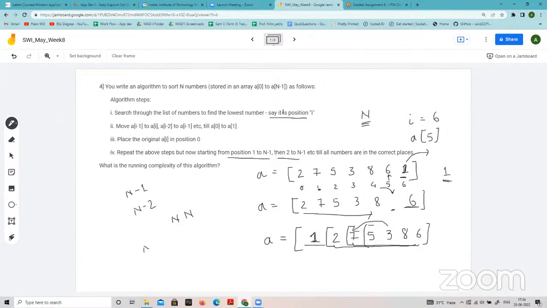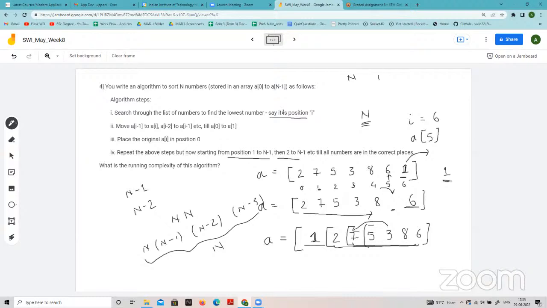First I'll do it for n, then for n-1, then n-2, then n-3, and this is how I'll keep on doing it. How many terms will these be? This will be n terms, so I'm doing n calculations. One point to note here: if I'm saying n, it is linear.